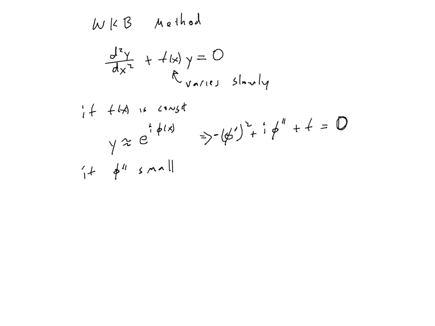And you now have phi prime and f which relate to each other. And so you can see that phi prime is approximately equal to plus or minus square root of f. Now, if that's the case, then phi should just be equal to plus or minus the integral of square root of f dx.